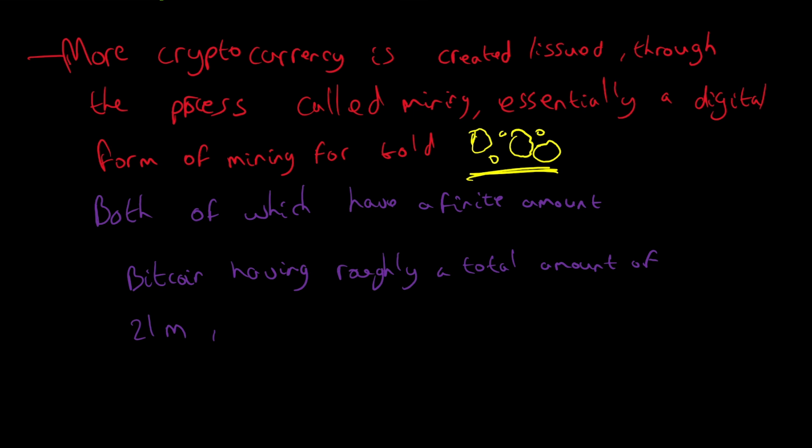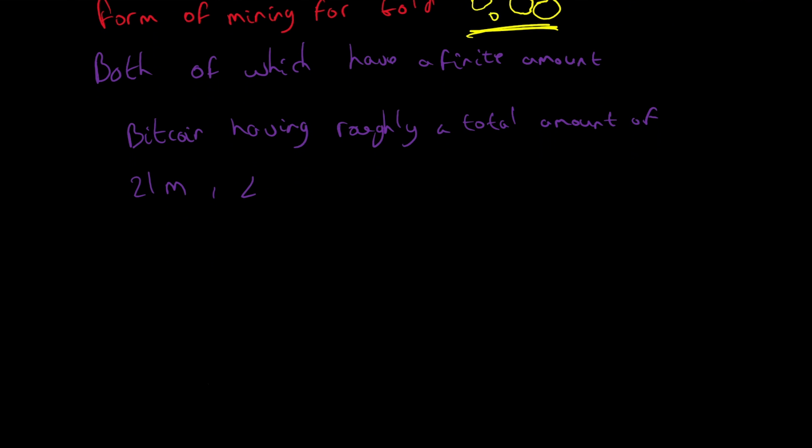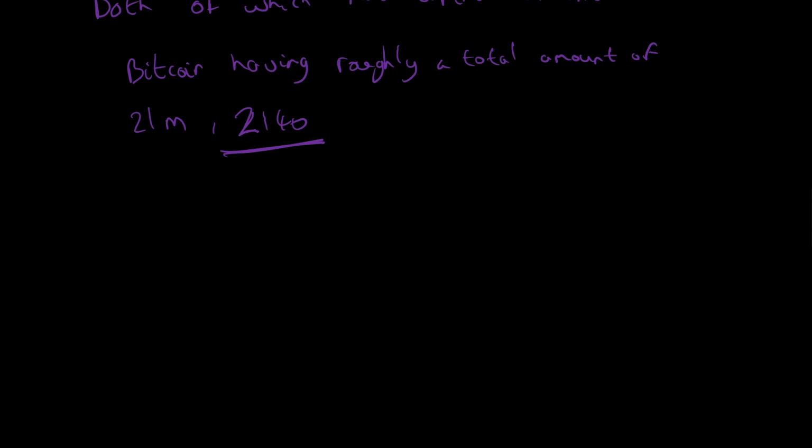So you don't have to transfer whole number Bitcoin. What you can do is transfer 0.0001 of a Bitcoin, for example, 0.023 of a Bitcoin. So it is very versatile in that sense. And roughly all Bitcoins will be mined by 2140. That is the current estimation.